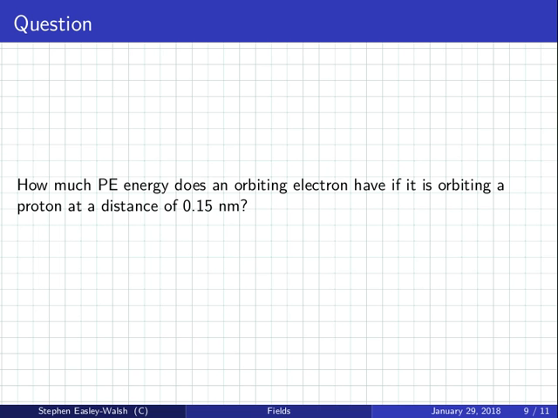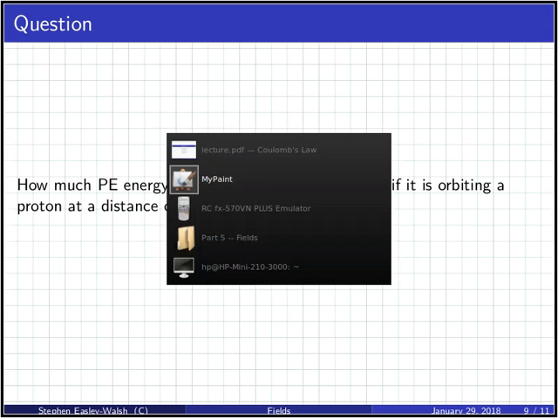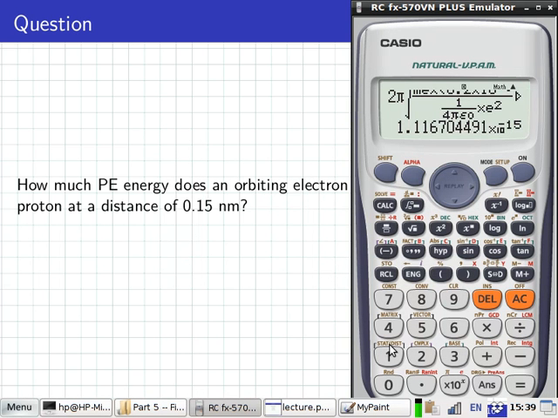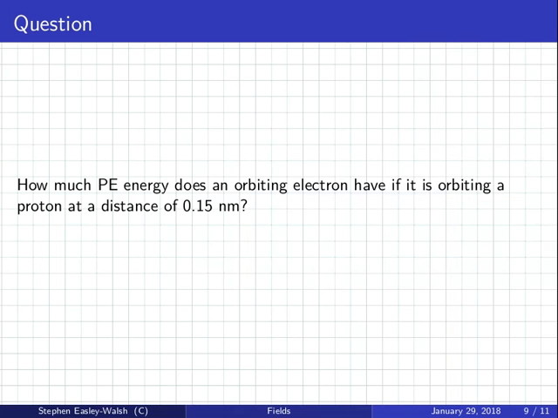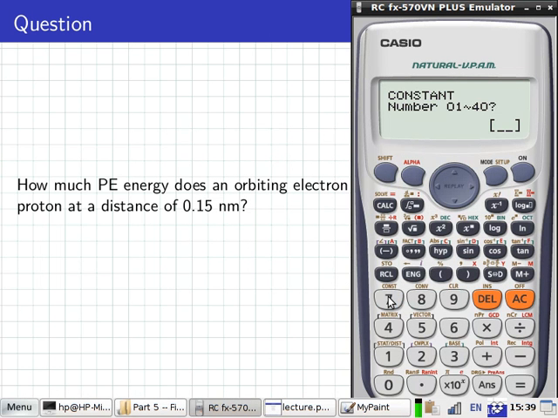I didn't ask you for it, but for fun, let's see what it is. So, what is the formula? 1 over 4 pi epsilon 0 times Q1 Q2 over R. So, Q squared, 10 to the minus 18.